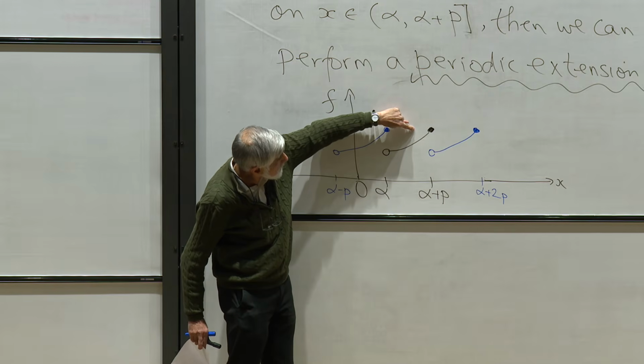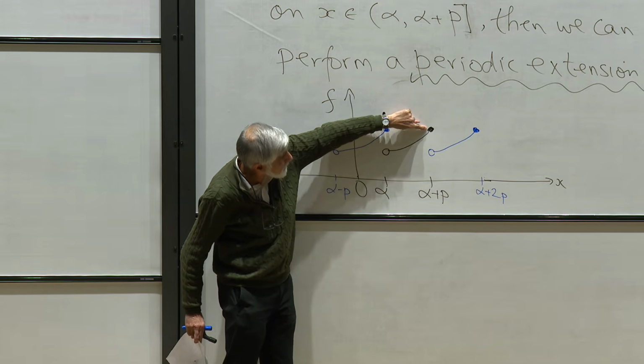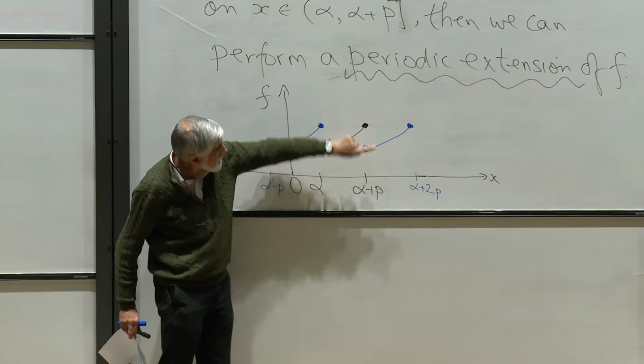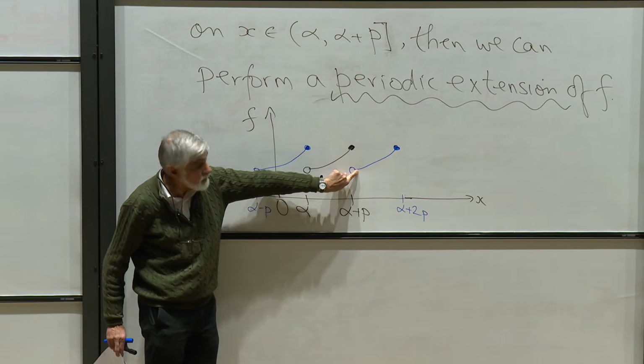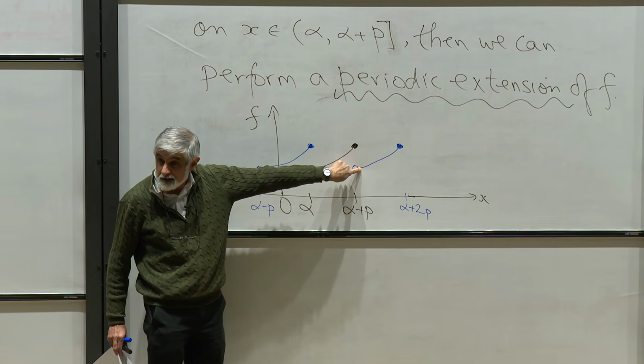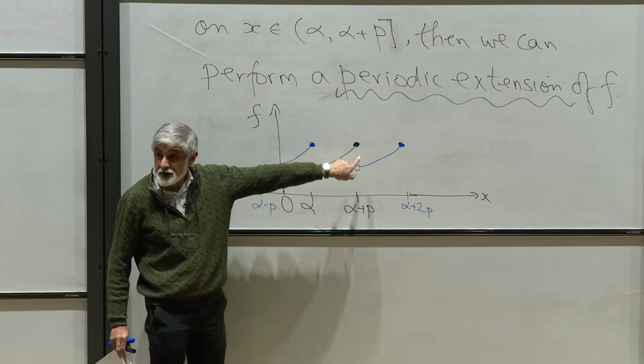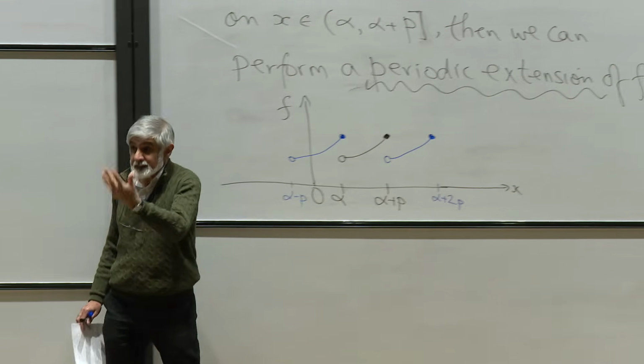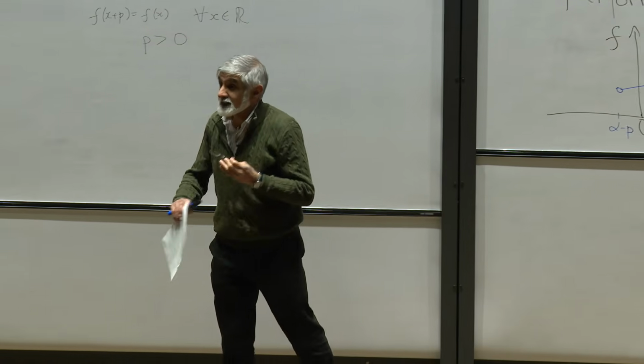So this infinite sum from here is converging to here, and from here is converging to there. What happens at this point here? So we'll take that into account as well. Okay?